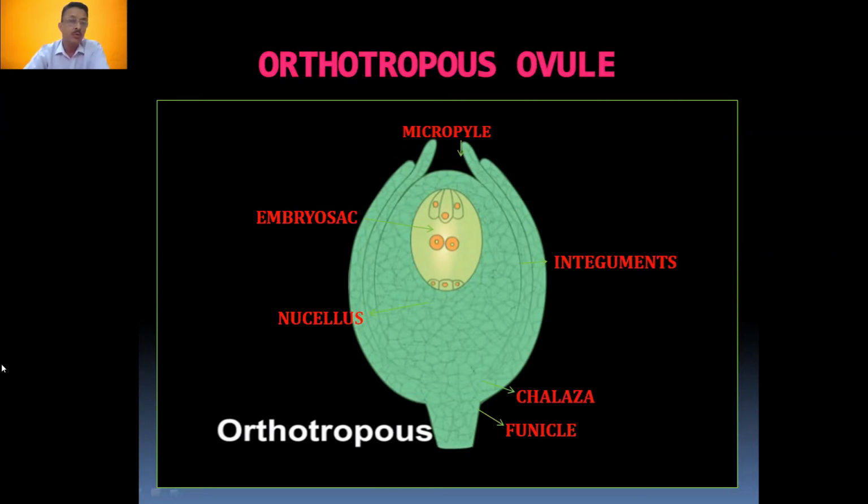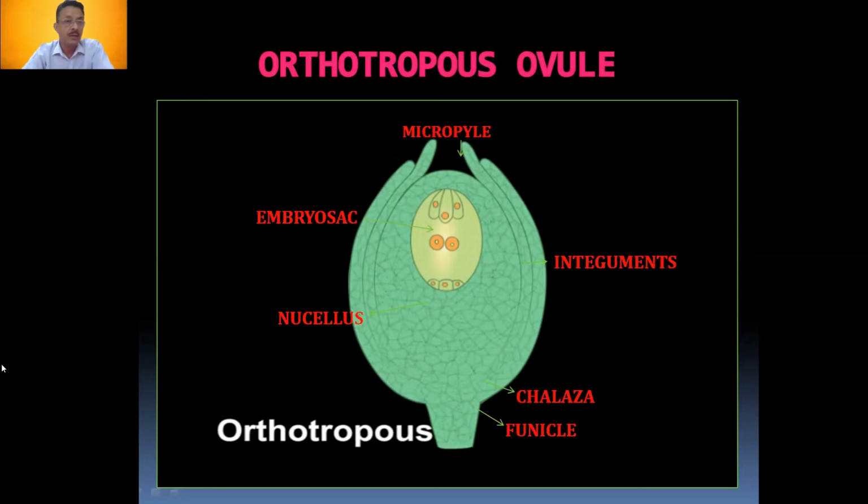At the top mouth part, it is called micropyle, and there are various layers of the ovule, the skin of the ovule. These are called integuments. So what is present inside the ovule? Ovules are present inside the ovary.